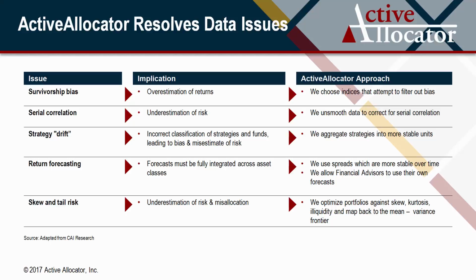Survivorship bias occurs when a data collector removes particular investments from the database and reports only the performance of the survivors. The end result is usually an upward bias, so we adjust the returns series downwards for this.